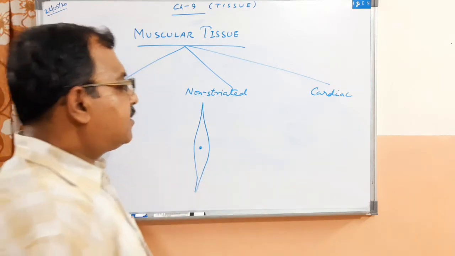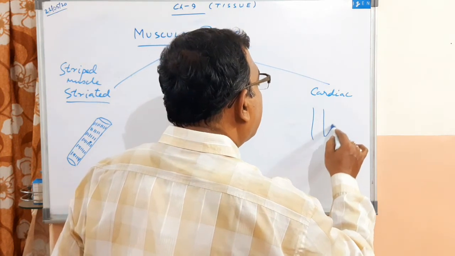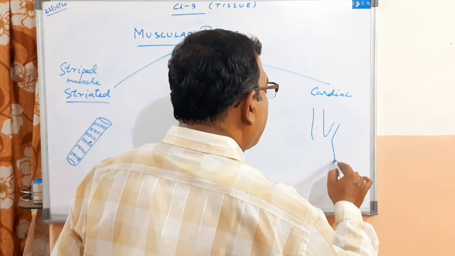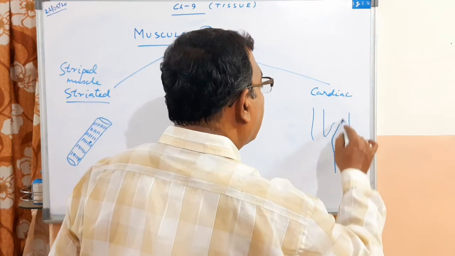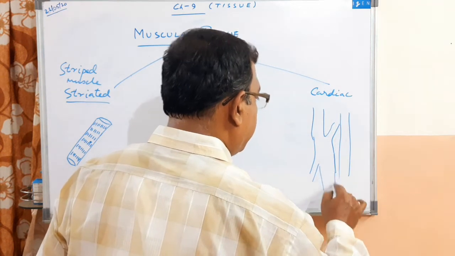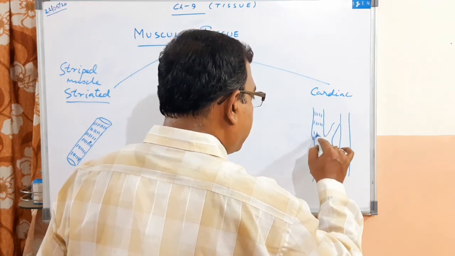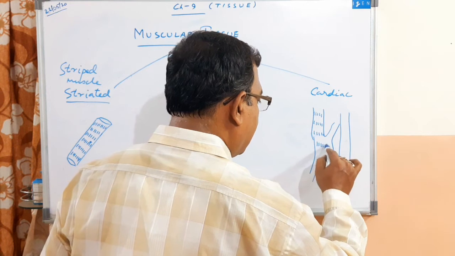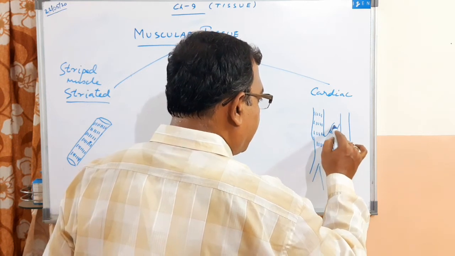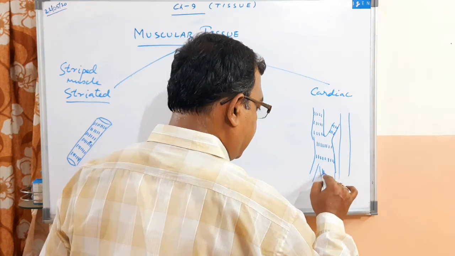Now, cardiac muscles, here you will find they have a combination of striped and unstriped.